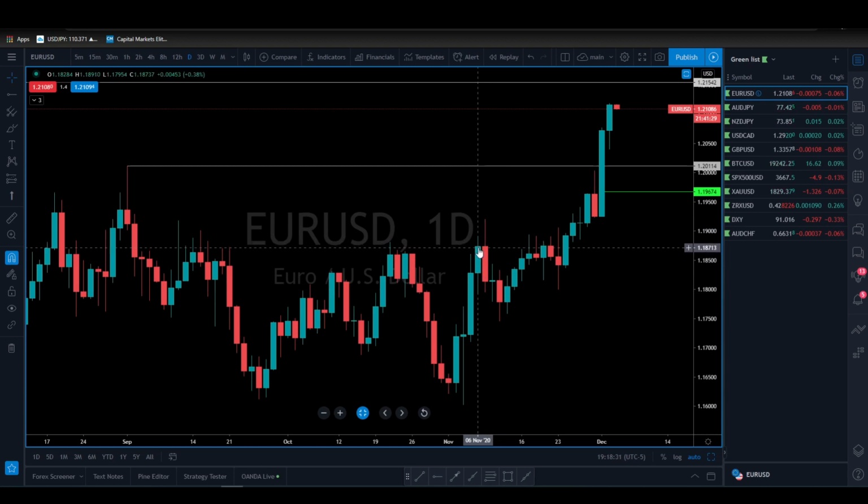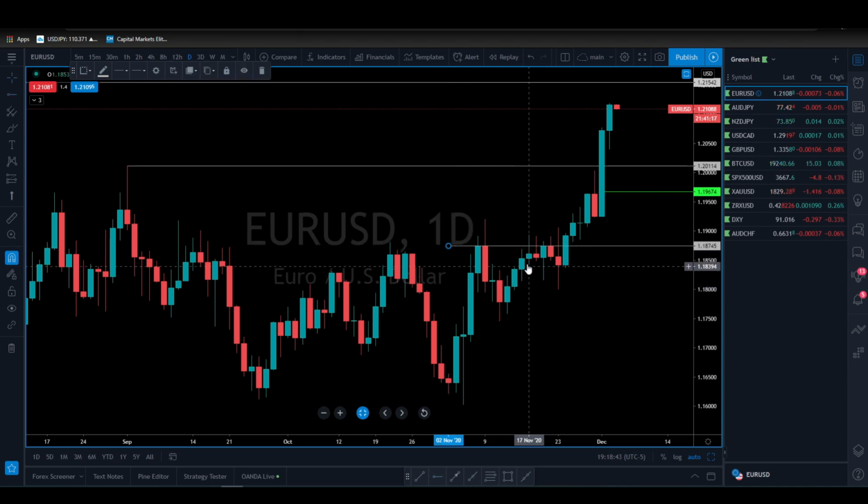Okay? But the line would still be there. For instance, just like this. So I would place my line here. When we traded back up into here, we traded above it, closed below it. Same thing here. But these two days here, we closed up against the line and then rejected.